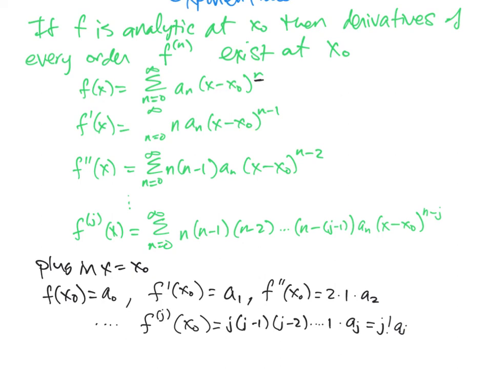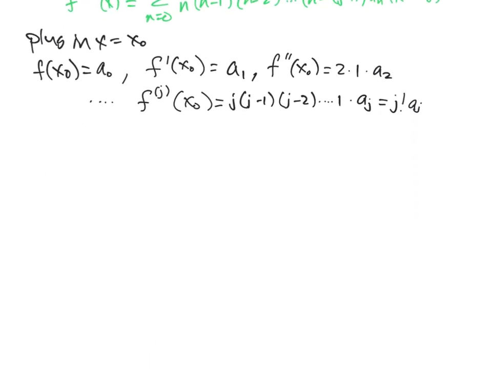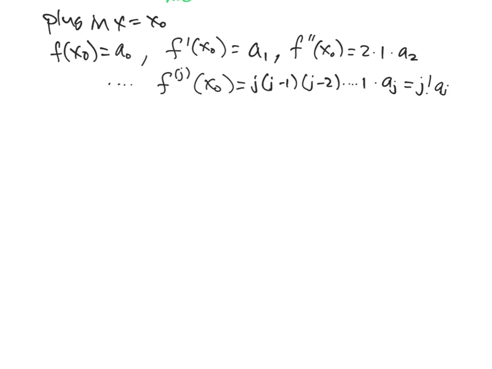Okay, so that's pretty interesting because now we can solve for the coefficients of our original f. So remember our function f of x equals the sum from n equals 0 to infinity of a_n (x minus x naught)^n.